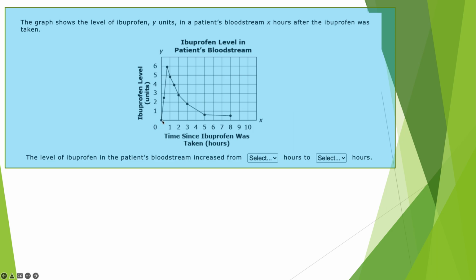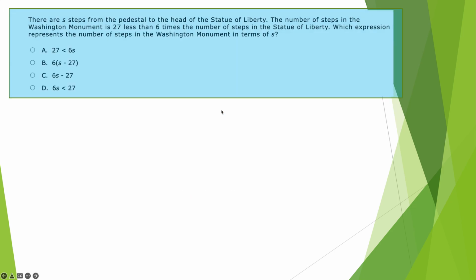It is increasing from time 0 up to, I'm guessing that's about 3/4 of an hour. Okay, so from time 0 up to about 3/4 of an hour. After that, you can see, if you look here, the graph is increasing the amount of ibuprofen. After that, it decreases. Next up, go ahead.